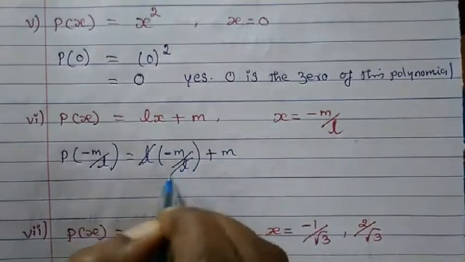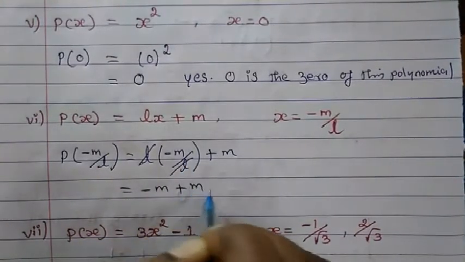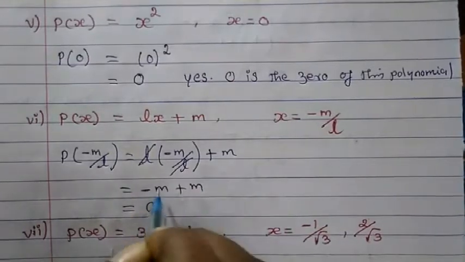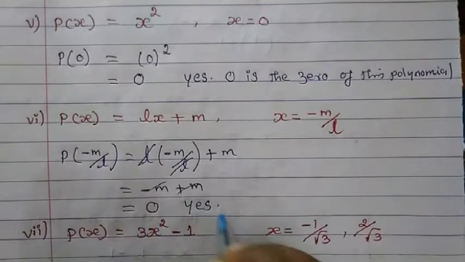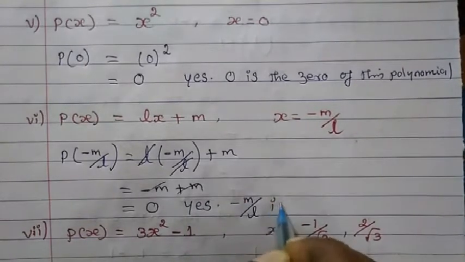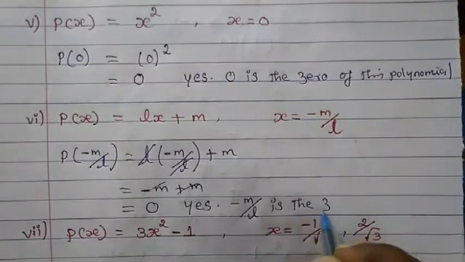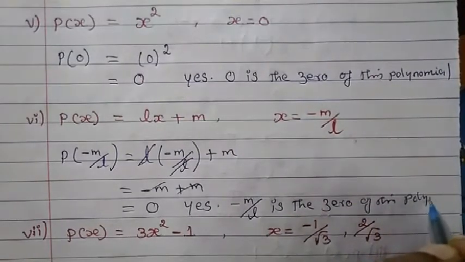So l gets cancelled. We have minus m and plus m. This will give us 0 because this gets cancelled. Therefore, the answer is yes, minus m upon l is the 0 of this polynomial.